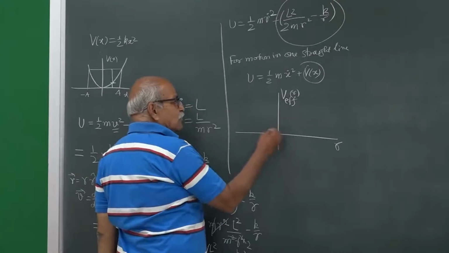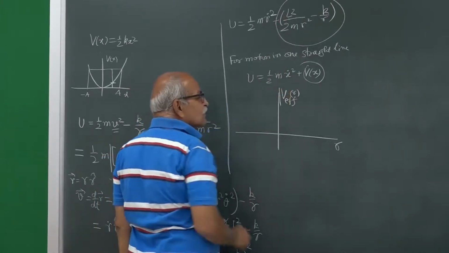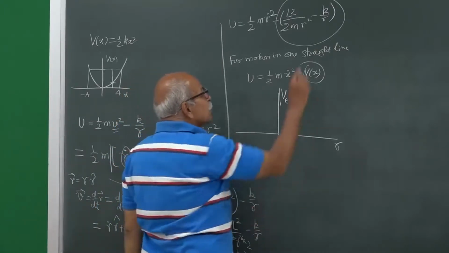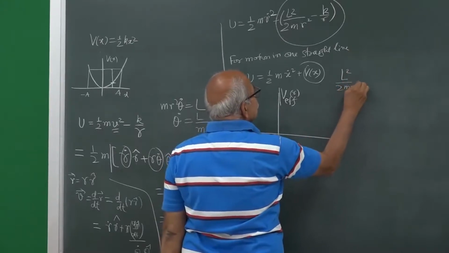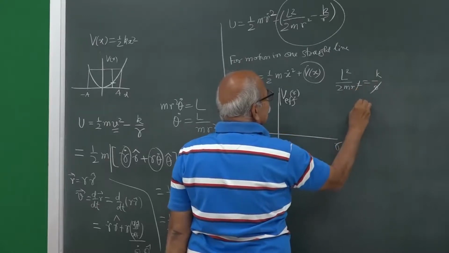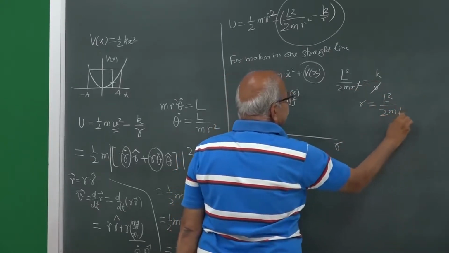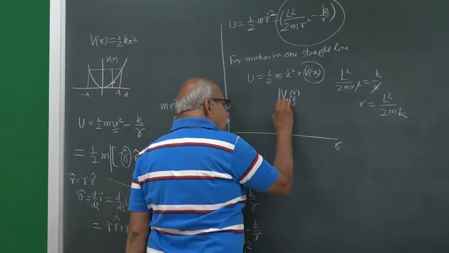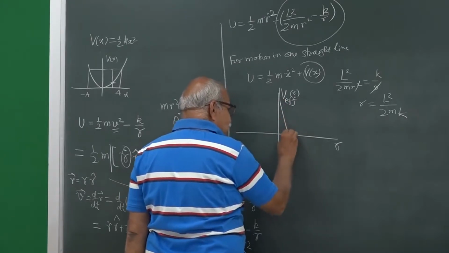So, for very small r, this value will be somewhere here, and then it will come down, down, down, and at some value, which value? L square by 2 m r square is equal to k by r. So, r is equal to L square by 2 m k. At this value, this whole quantity is 0. So, it will cross the r axis somewhere here.